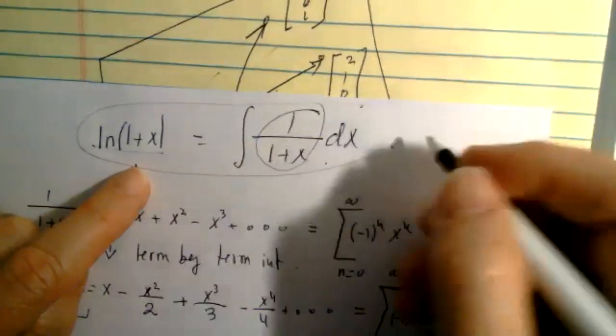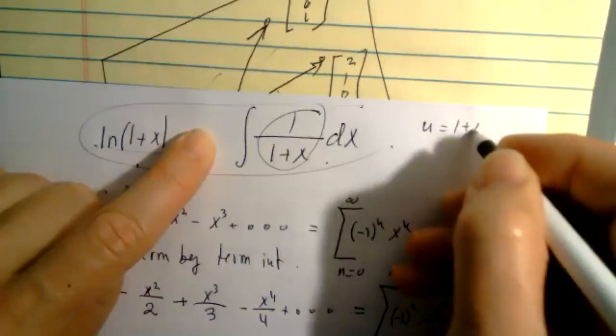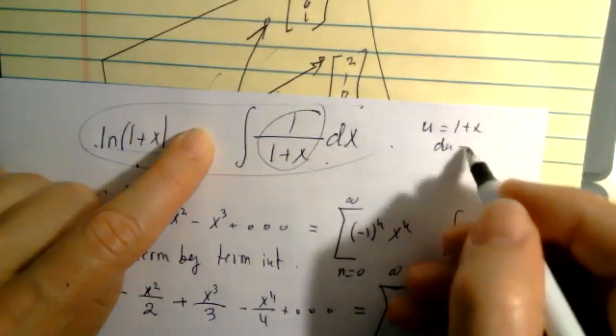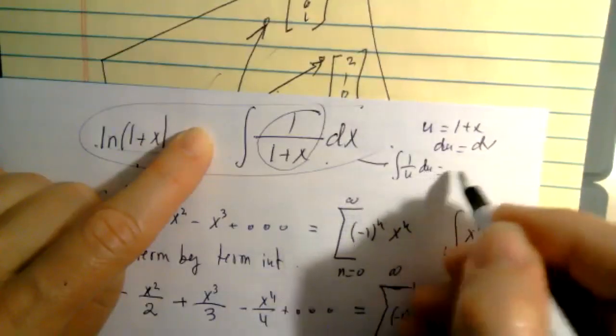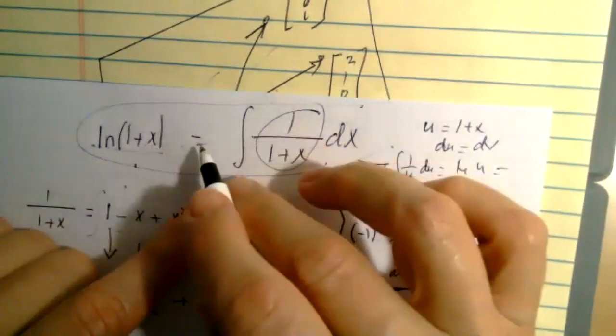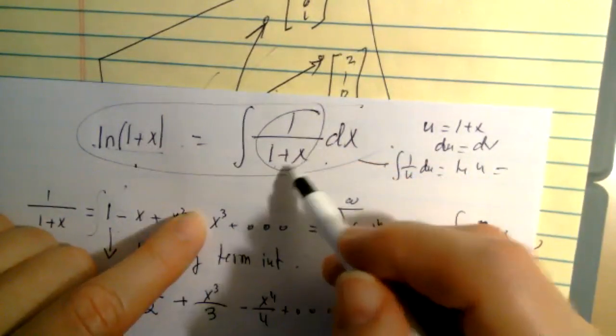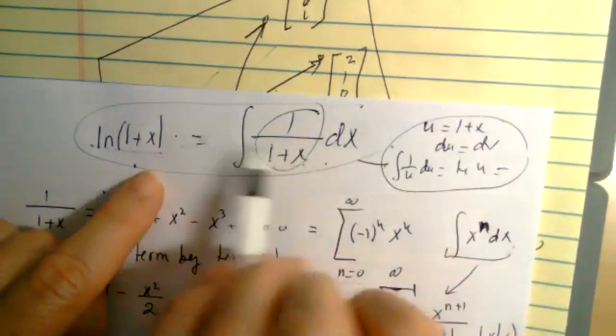If I take u equal 1 plus x, du will be my dx, and this will be 1 over u du, which is going to give me ln of u, which is going to give me ln of 1 plus x. So even though it's not just x here, but 1 plus x, the small substitution will convince you that what I am saying here is absolutely correct.